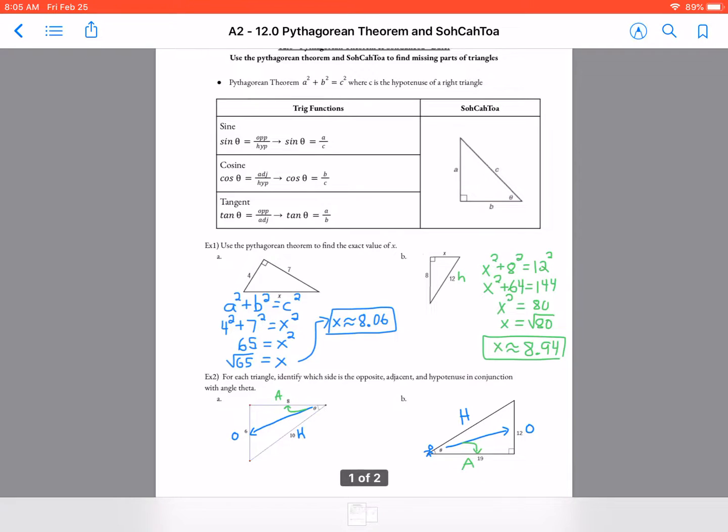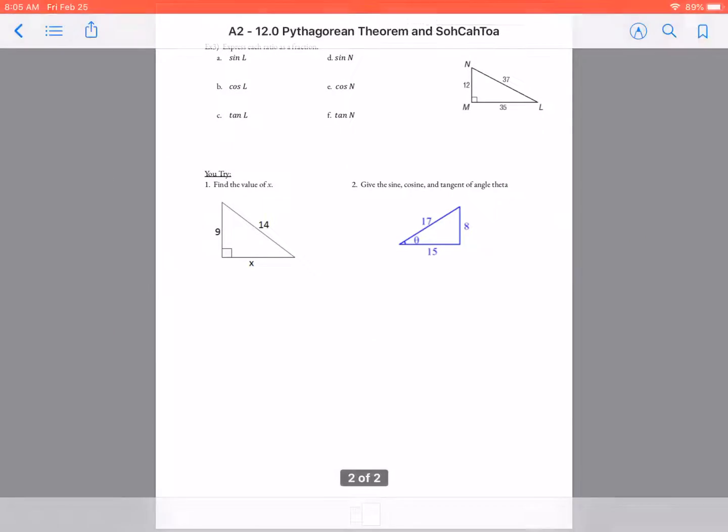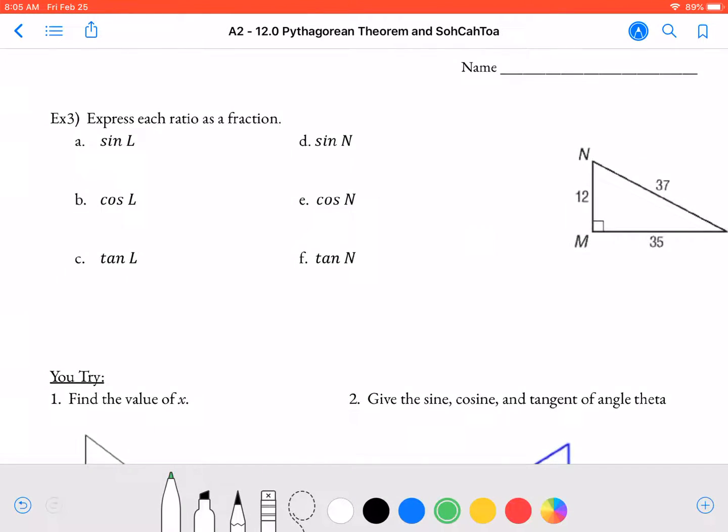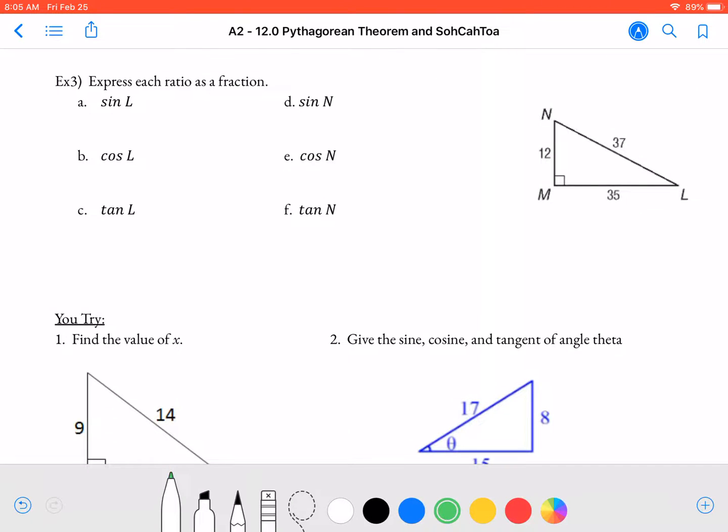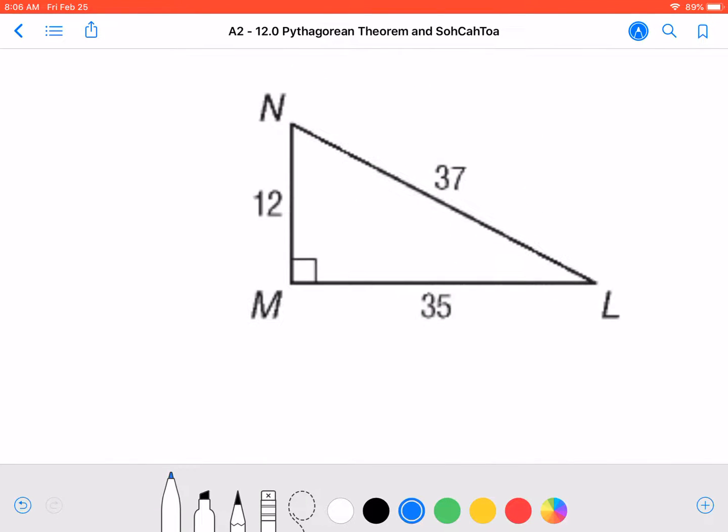Alright, so for the next set of problems, now we are using the triangle, we're identifying each of these, the sine, cosine, and tangent, using this triangle to the right. So, to start, we're going to start using angle L. So if I'm starting with angle L, that means this is where I'm standing. Okay, this is the angle that we're starting from.